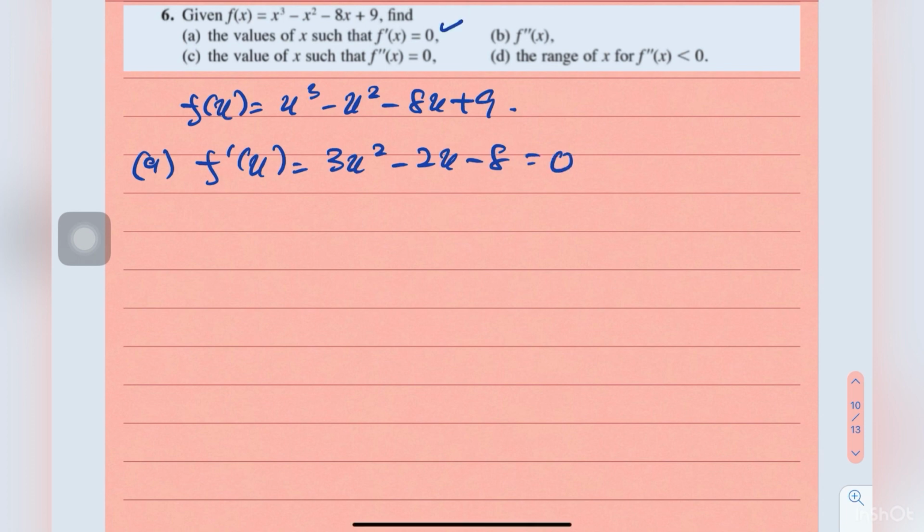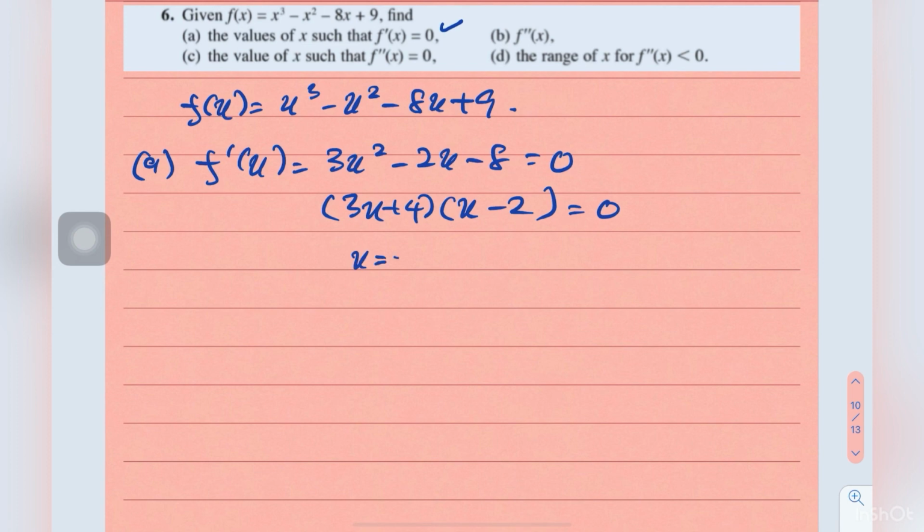Then this is a quadratic equation, so you can factorize. It becomes (3x plus 4)(x minus 2) equals 0. So x equals negative 4 over 3 and x equals 2. These are the values of x such that f prime x equals 0.